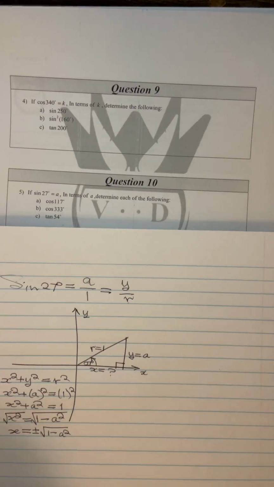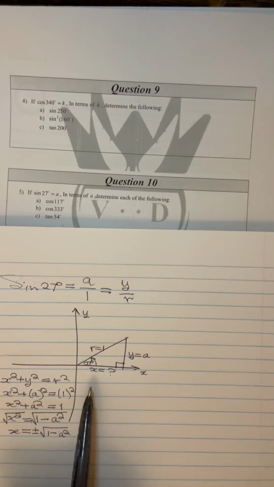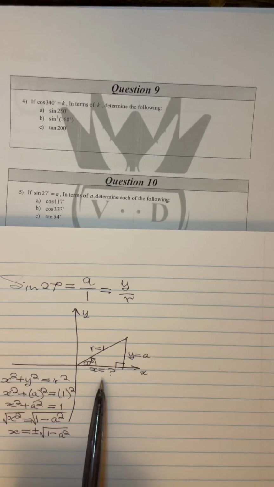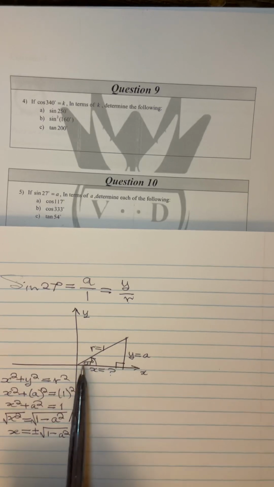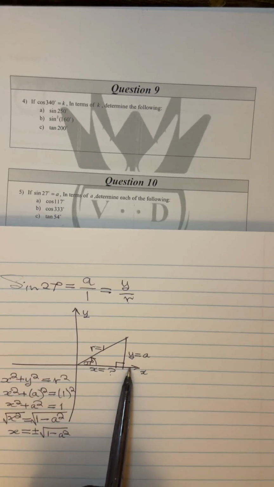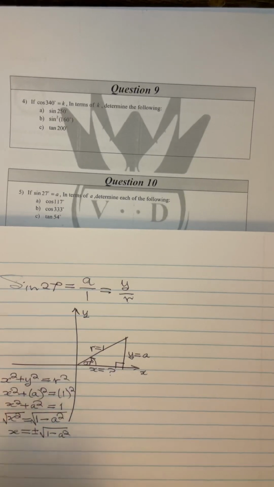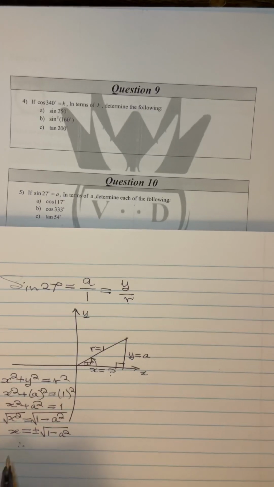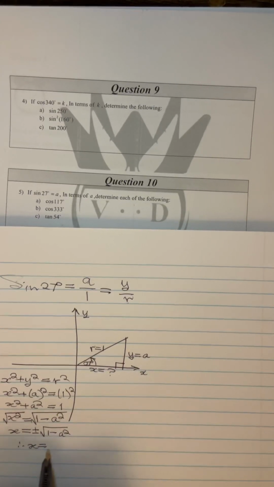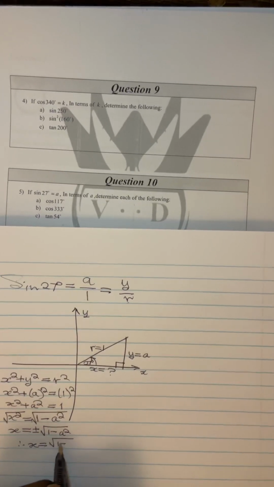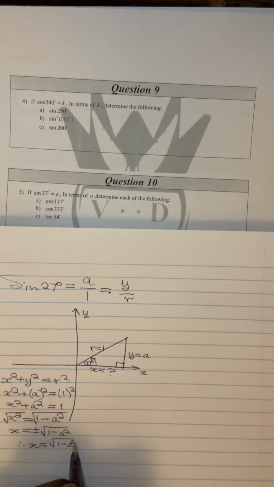So therefore, bear in mind, check the quadrant in which your theta or your angle lies. In this case, we have x in the first quadrant, which is a positive x. So you may conclude by saying, therefore, your x is going to be positive square root of 1 minus a squared.